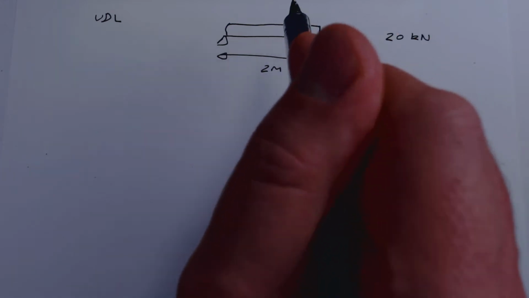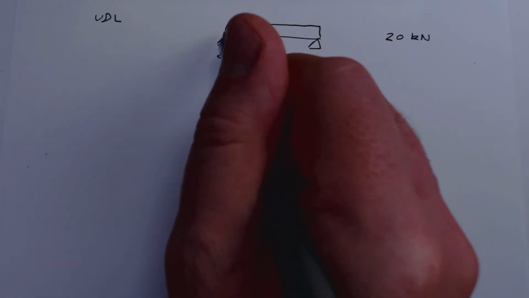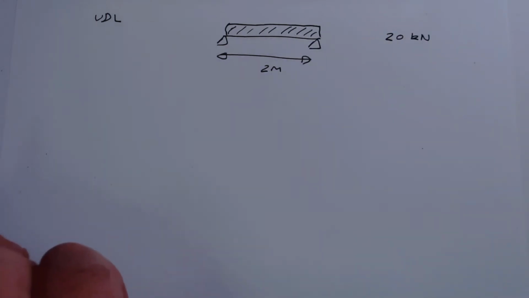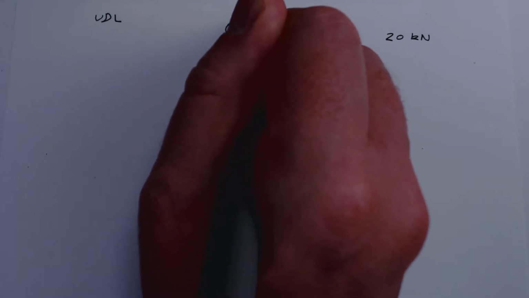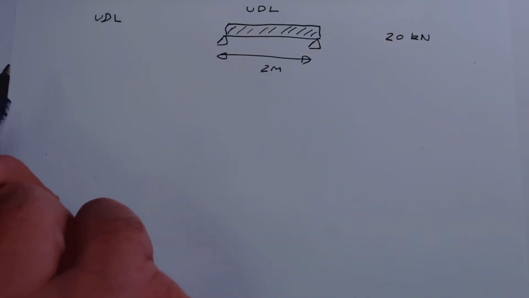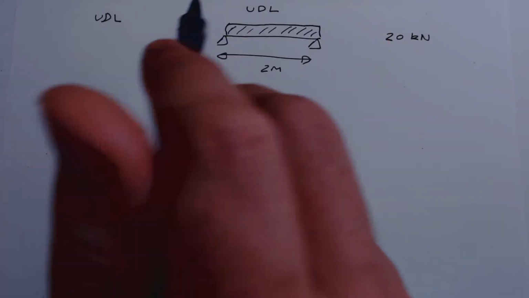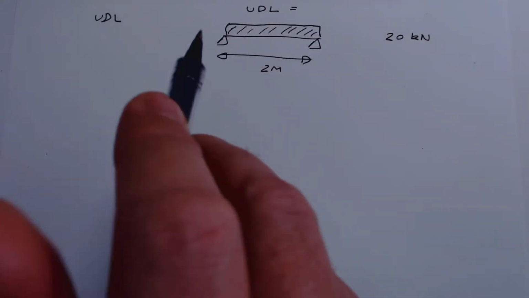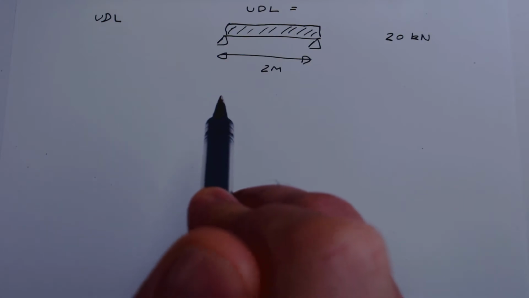And on a free body, we tend to do it as a shaded section like that. Above it, I would put UDL to tell the reader that that's what I'm dealing with, and I would say how much weight per meter I've got off my UDL.